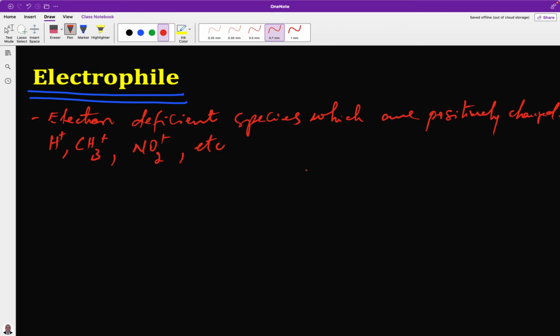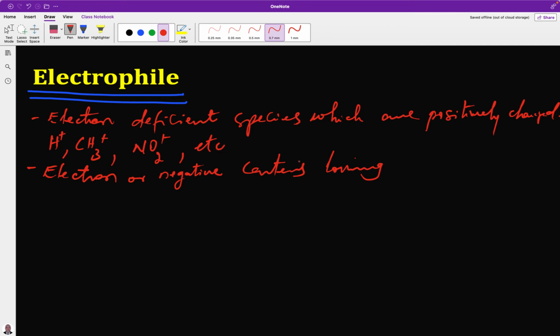Electrophiles are electron deficient species, which are positively charged. We said they are electron or negative centers loving. They love moving towards negative centers or towards electrons.